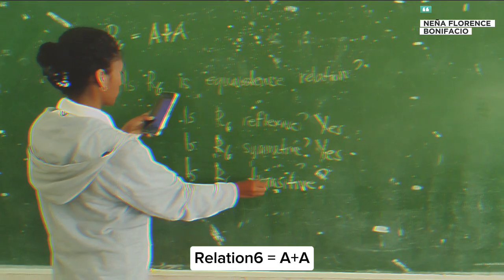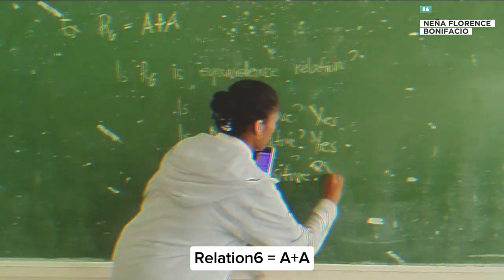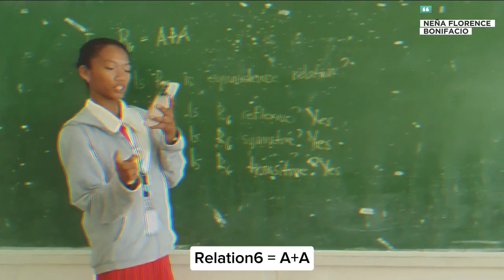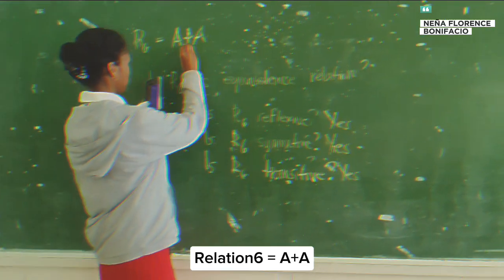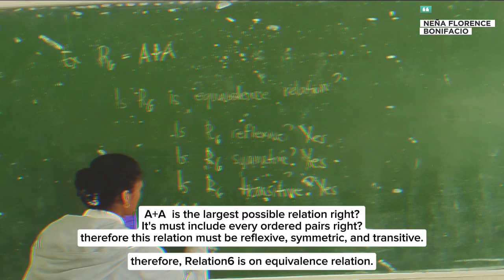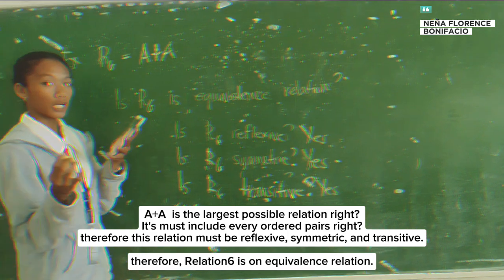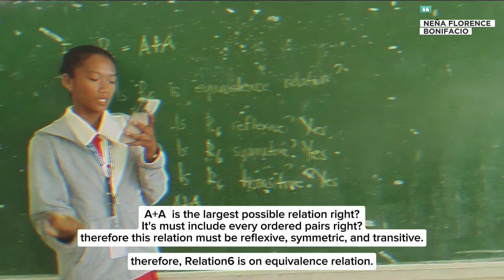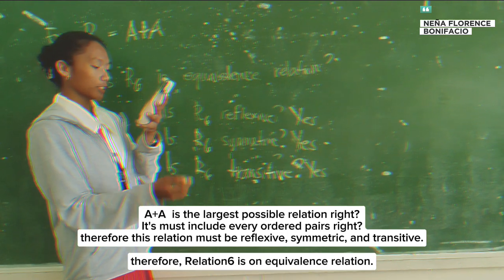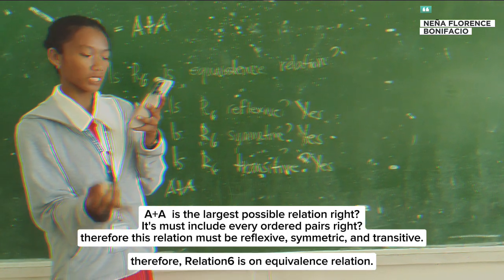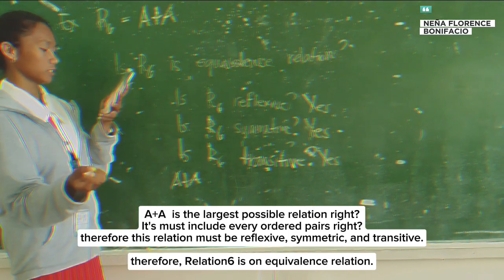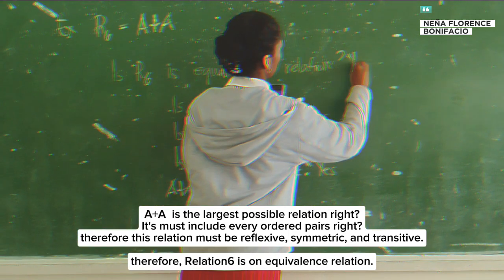Is relation 6 transitive? Yes, because all necessary transitive pairs are present. A × A is our largest possible relation, right? It must include every ordered pair. Therefore, this relation must be reflexive, symmetric, and transitive, so relation 6 is an equivalence relation.